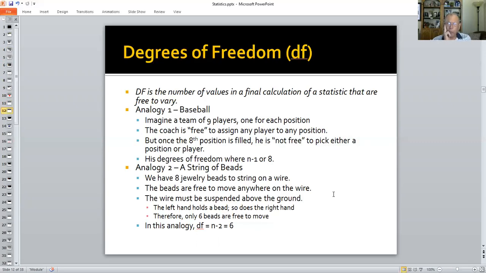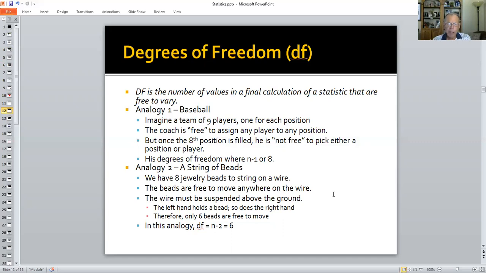If you've done any work with statistics at all, and you'll see this in SPSS, it'll give you an output that will tell you or ask you for degrees of freedom. And if you've ever heard of degrees of freedom, just raise your hand.